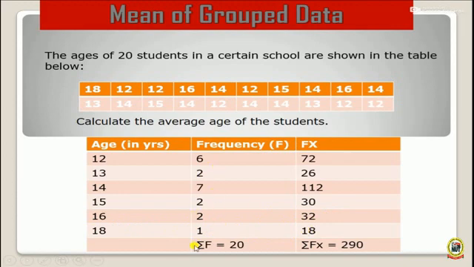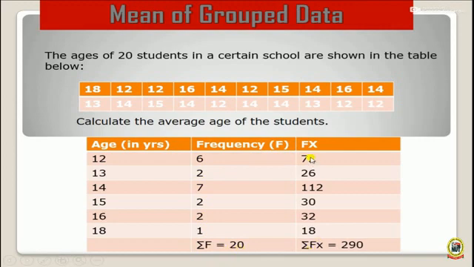Then here we have this symbol called summation in mathematics. This is called summation f. Summation f here means we should take the total of the frequency. 6 plus 2 plus 7 plus 2 plus 2 plus 1 will give you 20. So your summation f here is equal to 20.